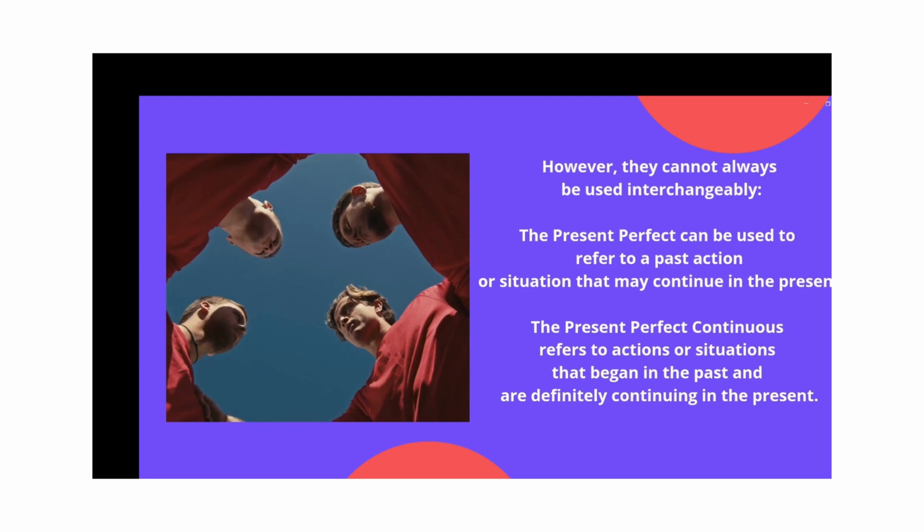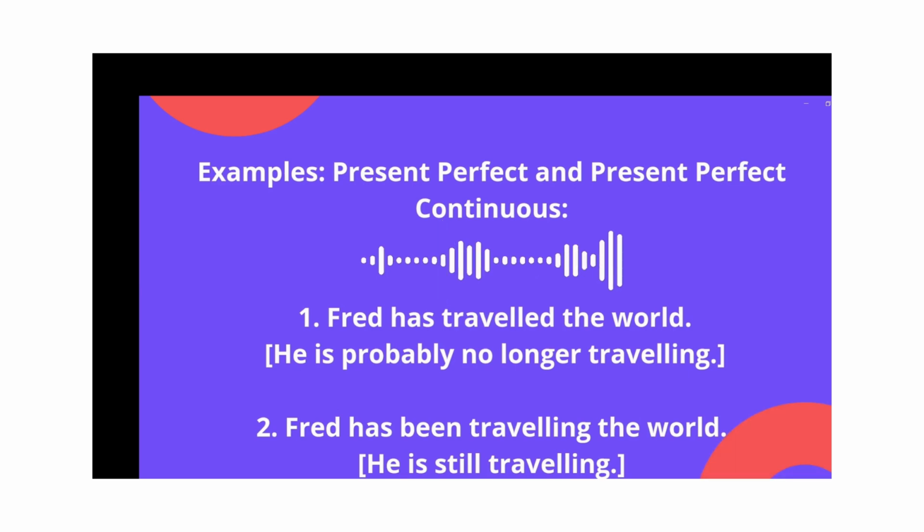The present perfect can be used to refer to a past action or situation that may continue in the present, but the present perfect continuous refers to actions or situations that began in the past and are definitely continuing in the present.